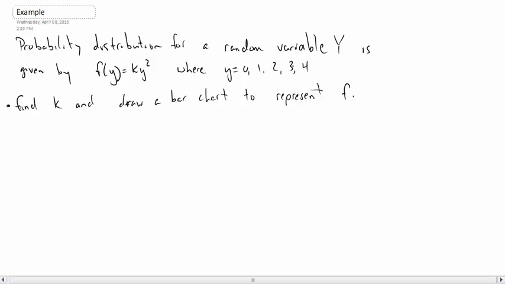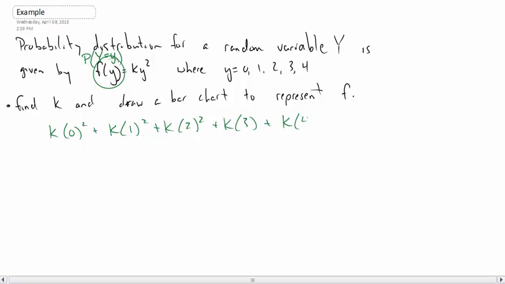Well, this seems fairly daunting at first glance, but if you remember that the sum of all the probabilities, the probability that y equals little y for each y value, all have to add up to 1. So k times 0 squared plus k times 1 squared plus k times 2 squared plus k times 3 squared plus k times 4 squared has to be 1.